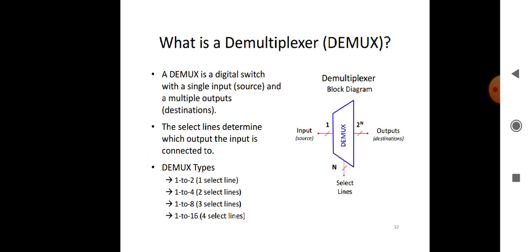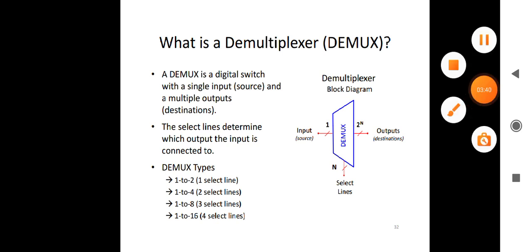So what is a demultiplexer? A demultiplexer is a digital switch with a single input source and a multi-output destination. Single input and multi-output. The select lines determine which output the input is connected to.